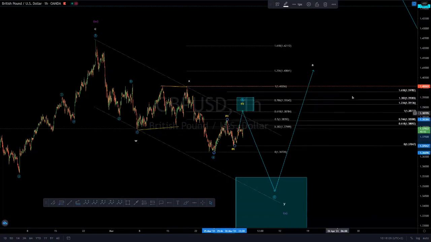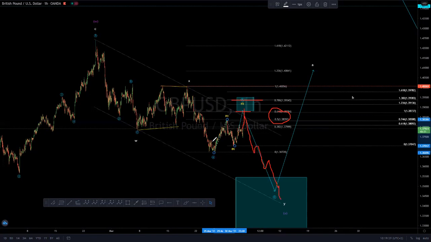So you can see that we are having this blue box here. This is our 100 from here. And in this case, I've just measured this up to 138.2. So now we are having this confluence here of this blue box and this 61 and 50. So expect this move to the upside and then a move to the downside.